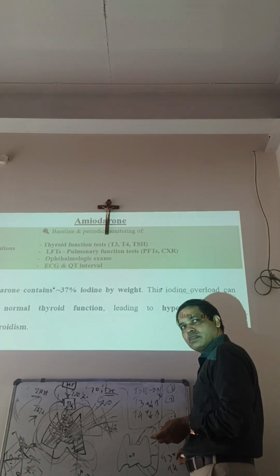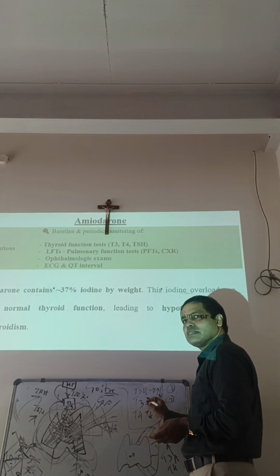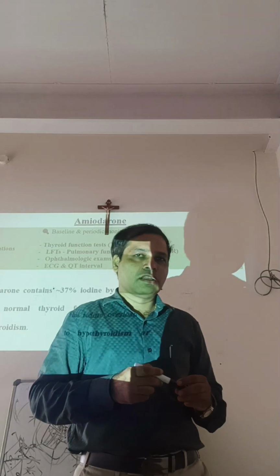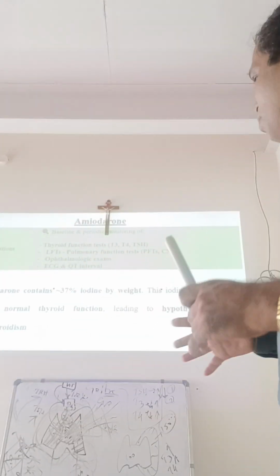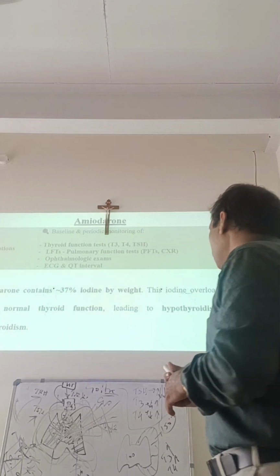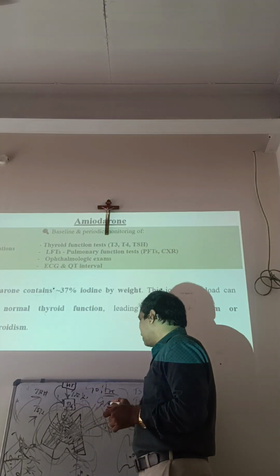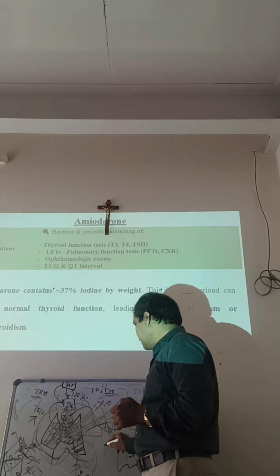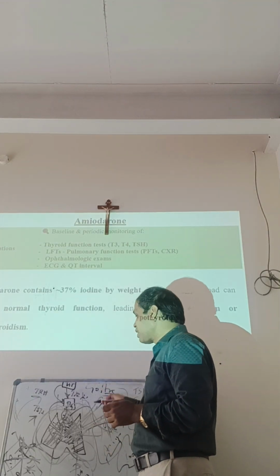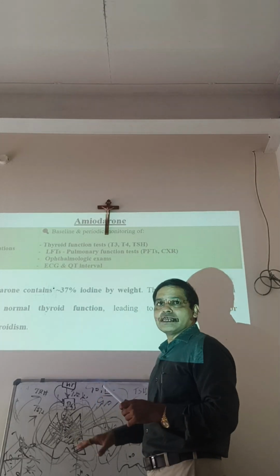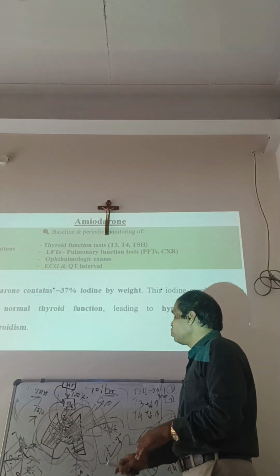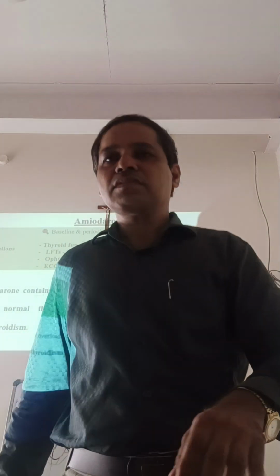T3, T4 increase, TSH decrease. Then we have to do additional tests to confirm whether it's hypo or hyper. We do other tests to know the autoantibodies, like the anti-TPO test, thyroid function tests. So many other tests are there to confirm what kind it is. But in all the cases, we saw the gland is swollen. Understood? Then we do differential diagnosis.